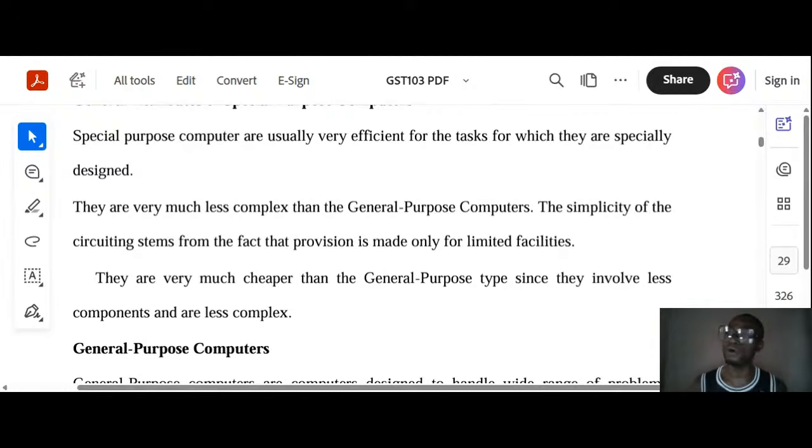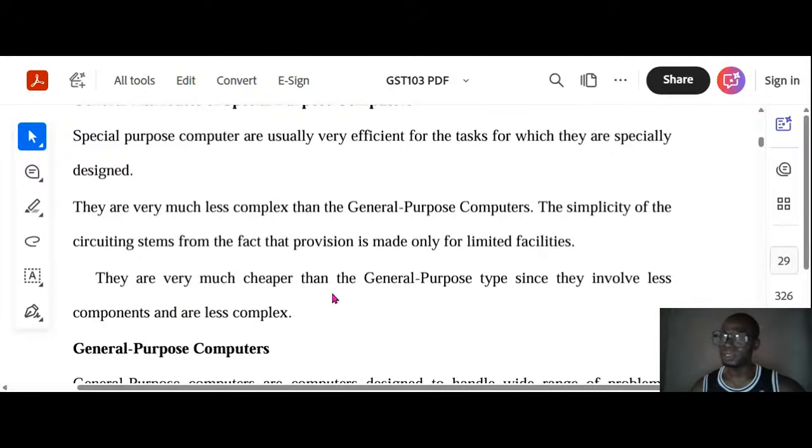Quite a lot of things are on them, they multitask, they do different things. But special purpose computers only do one thing, so they are not that complex. Once you turn them on, what they are there to do is always the only thing you will see on the screen.